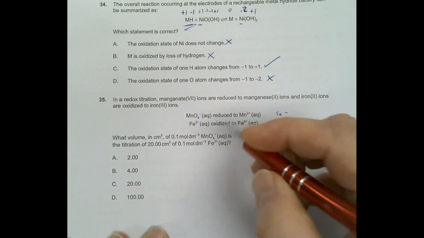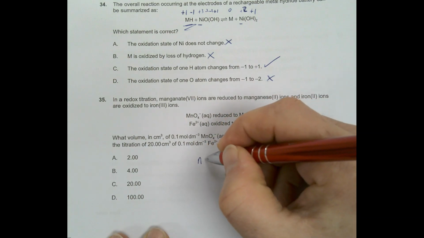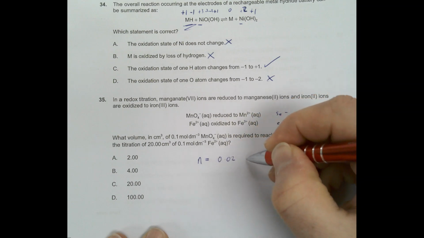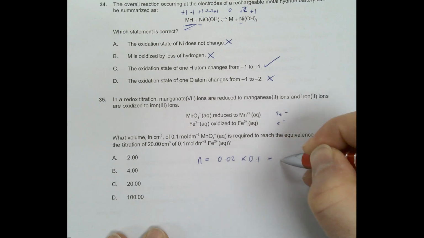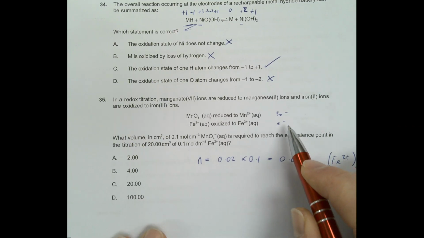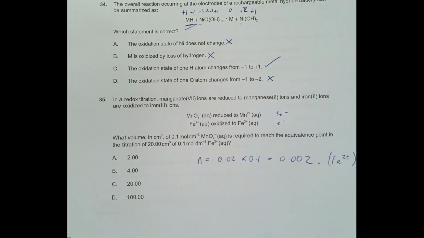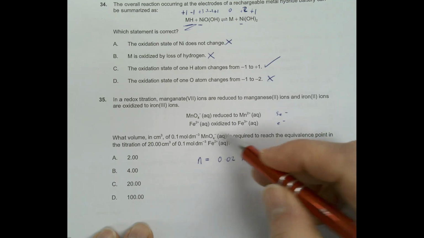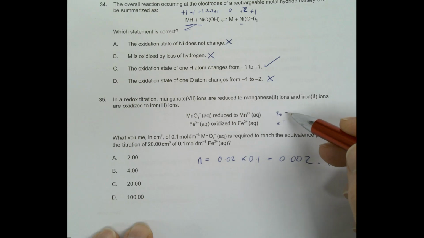20 of those? So the number of moles of Fe2+ is 0.02 decimeters cubed times 0.1, which is equal to 0.002 moles. That's the number of moles of Fe2+. You divide that by 5 to work out the number of moles of manganate needed, because each one is taking 5 electrons.